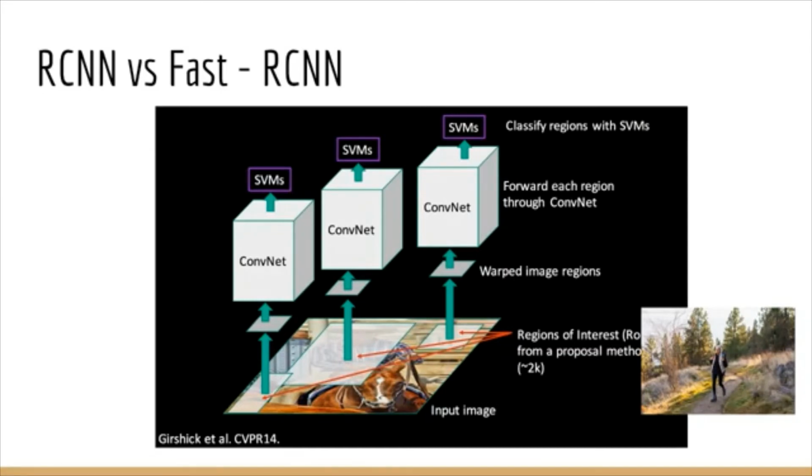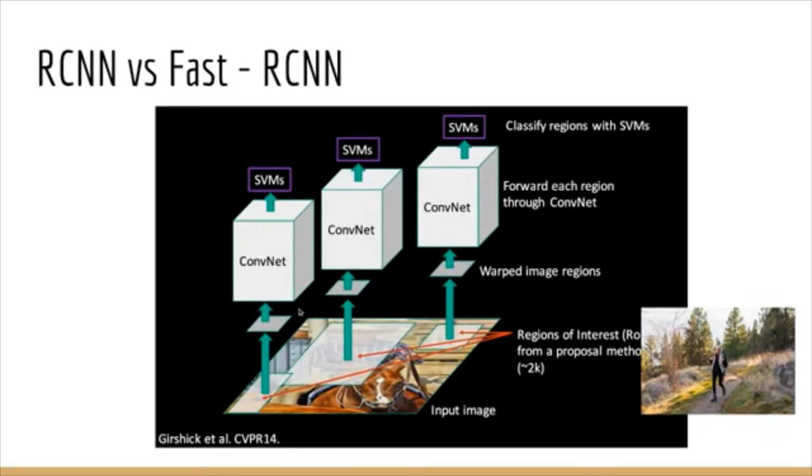Those proposals are each separately evaluated by a deep learning model, and that model output is fed into an SVM, and that SVM classifies if an object is present and what kind of an object.